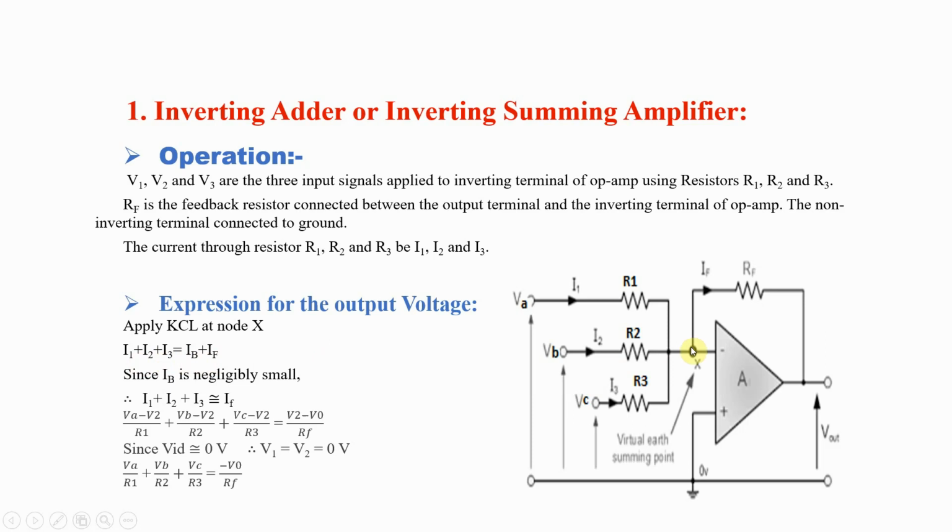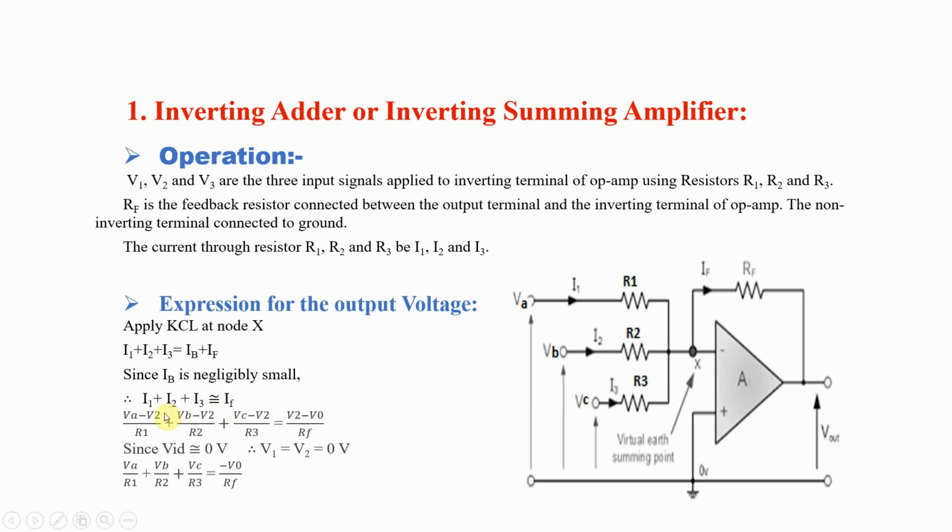IB is the base current flowing through the inverting terminal of the op-amp, and it is negligible because, due to the very high input impedance, the current flowing through the inverting and non-inverting terminals is 0. Therefore, IB is equal to 0. Therefore, the equation is I1 plus I2 plus I3 is equal to IF.